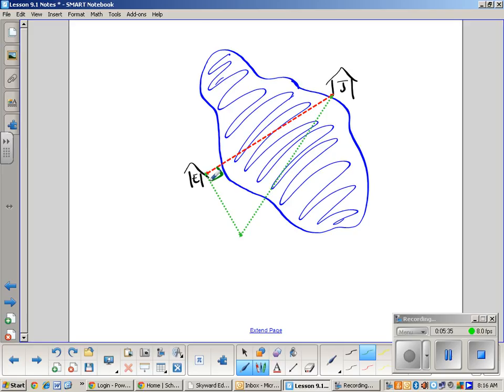All right? And then we measured this distance to be 20 yards. Okay? Let's make it 220 yards. And we measured this angle to be 82 degrees.